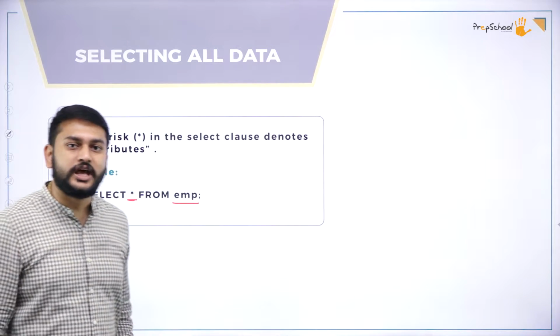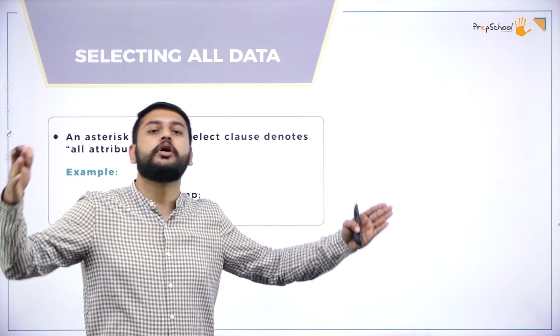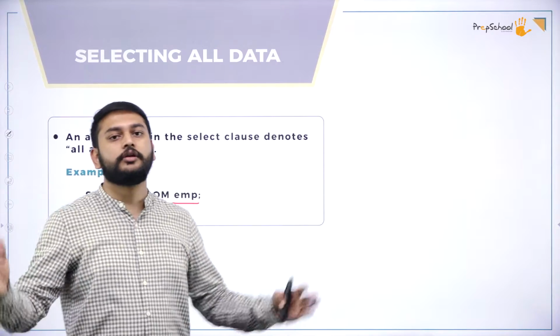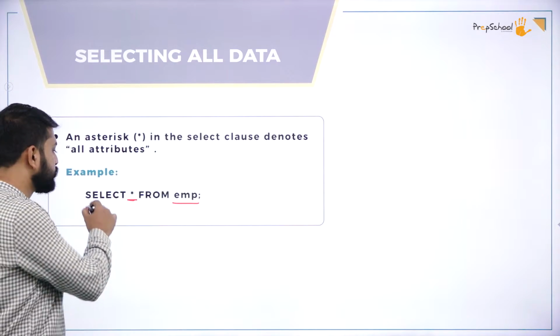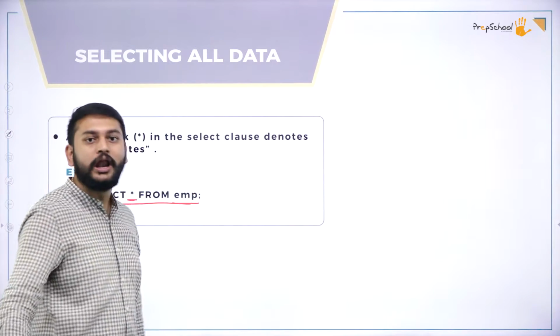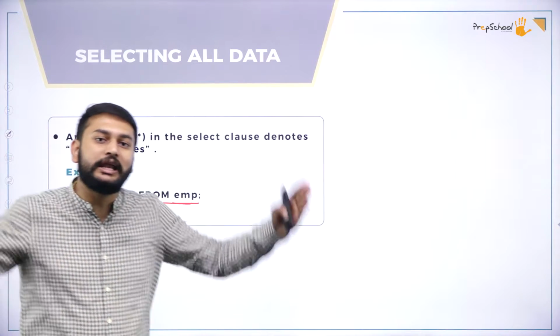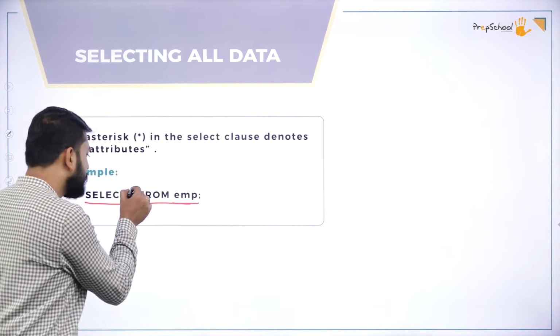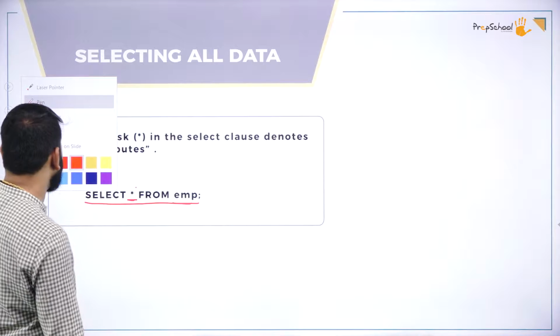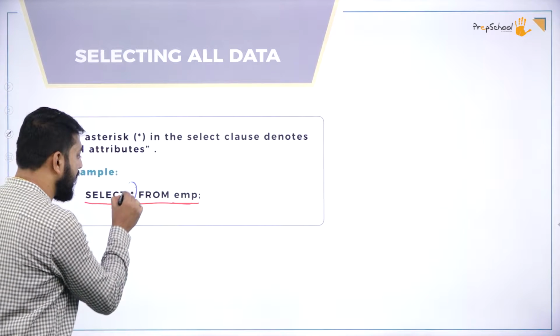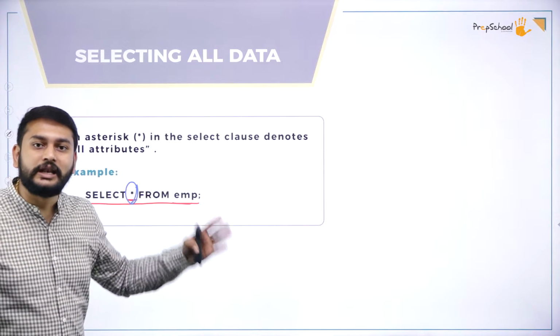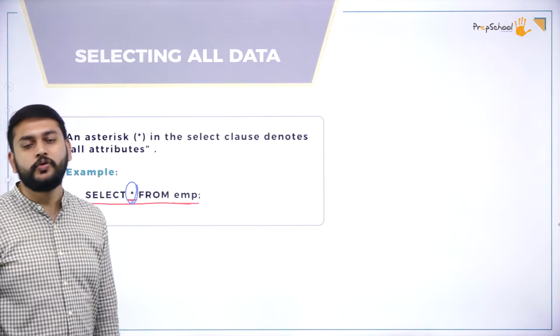What is the meaning of star? Star means it will select all the columns. So this query will help me to select the complete table. That is what you have to understand.